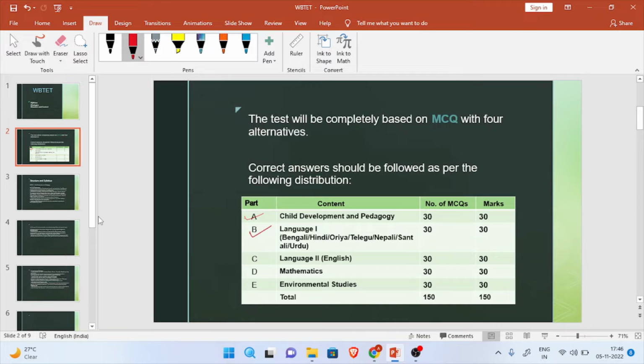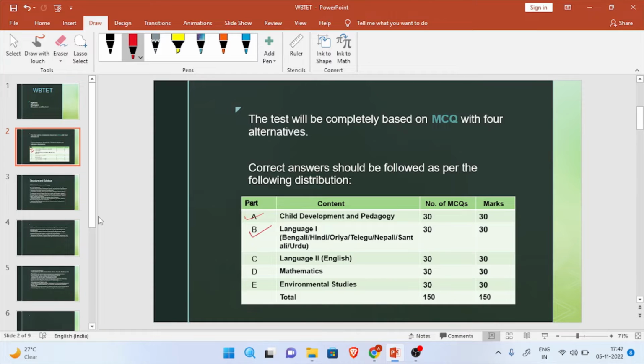Next is Language 1. Under this, you can choose any language out of these preferences: Bengali, Hindi, Udiya, Telugu, Nepali, Santali or Urdu, any one out of your preference. The same pattern follows here too: 30 questions and 30 marks.